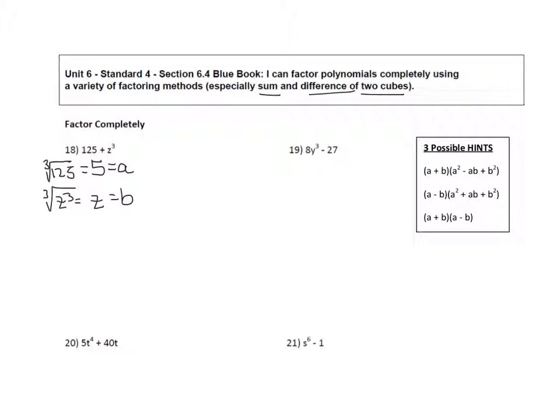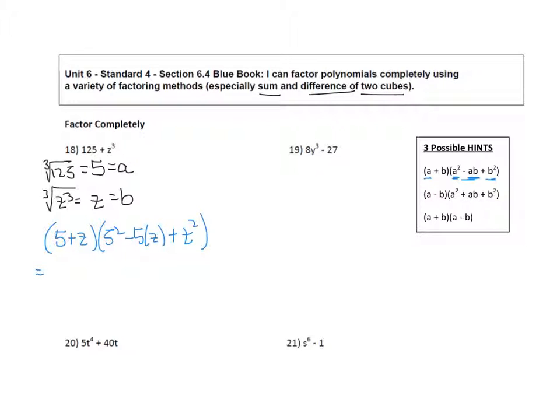So then we take that and we plug it in. A plus B will be 5 plus z, followed by A squared, which is 5 squared, minus AB, so minus 5 times z, plus B squared, which is z squared.